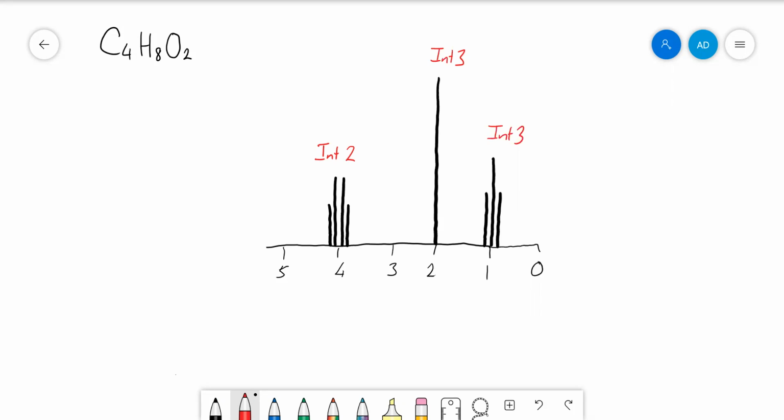One of the most useful things you can get from the molecular formula is look at the ratio of carbons to hydrogens, right? Now this is CnH2n. It's not 2n plus 2. So that means that this molecule has got a double bond in it.